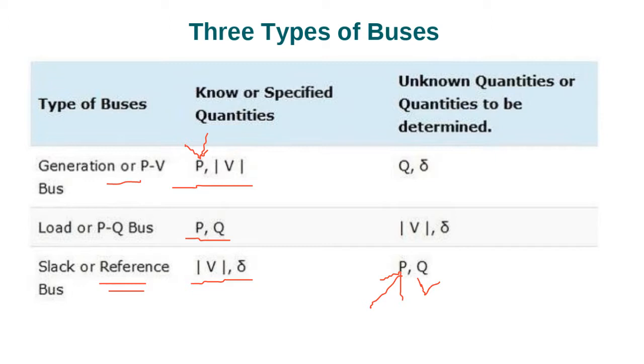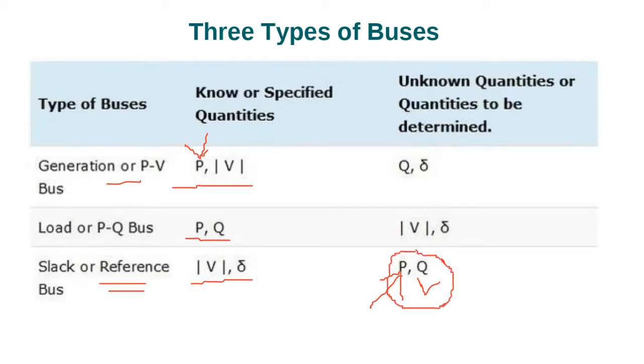We already know the generation of the substations, we already know the load, and then also the losses, which will be there when we run the load flow. So to balance the system, generation must equal load and losses, where the balance will come from the P of the slack bus. P and Q, of course.